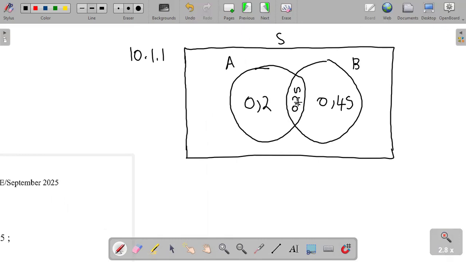This plus that is 0.45, plus another 0.45 is going to be 0.9. So for A and B, it gives us 0.9. Means there is another 0.1 which is left, which is outside of A and B, but it's still included in the sample space. So it's gonna be like this.